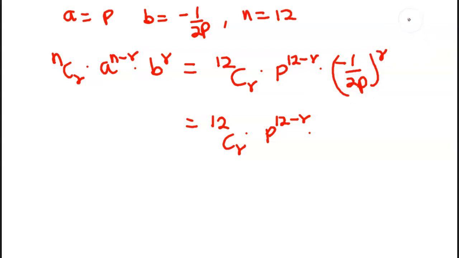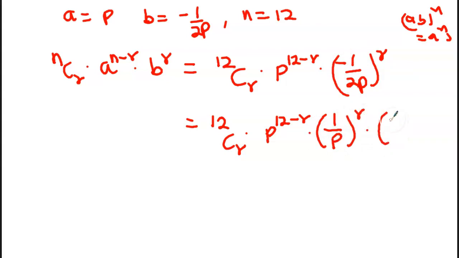Now, according to indices, (ab) raised to the power m is the same as a raised to the power m times b raised to the power m. So this one we can write as 1 over p all raised to the power r times minus 1 on 2 raised to the power r.